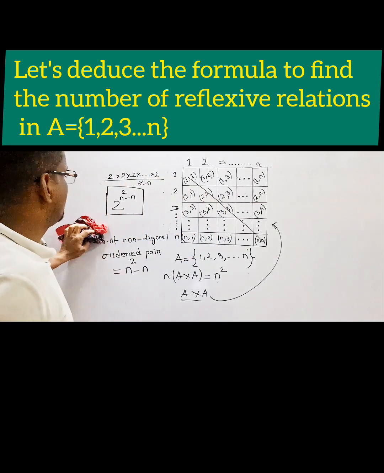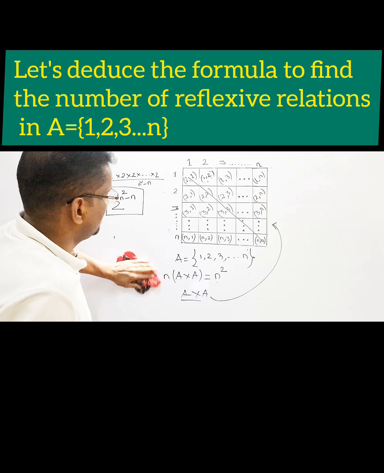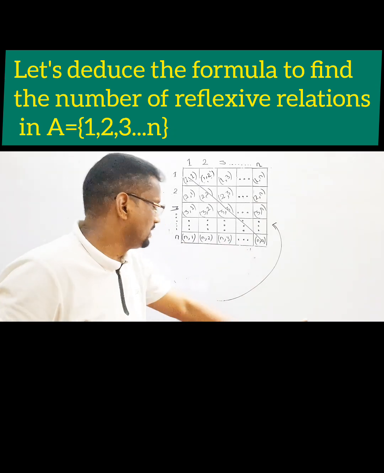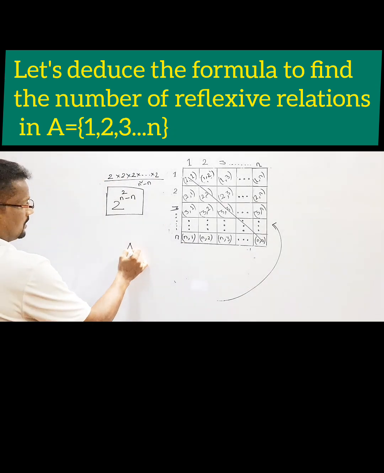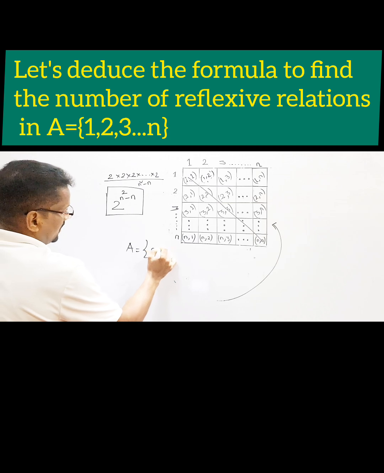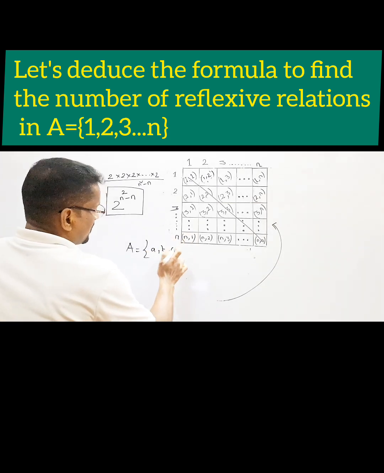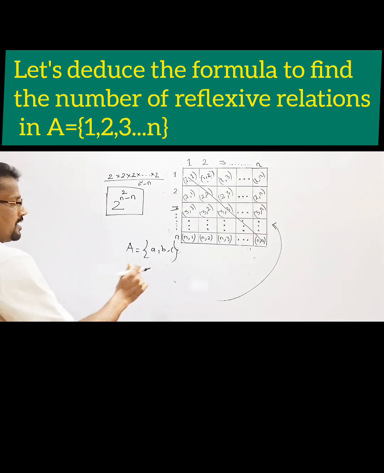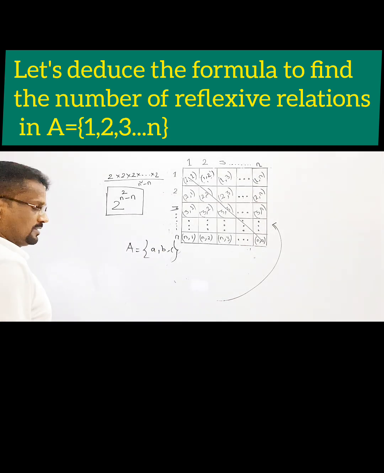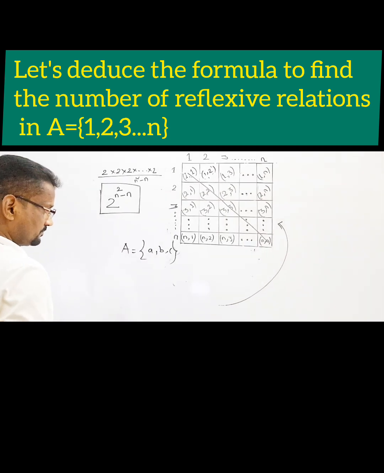Now, you can directly use this formula whenever a question is given. Suppose A is given as {a, b, c}, and it is asked to find the total number of reflexive relations that can be defined in this set.